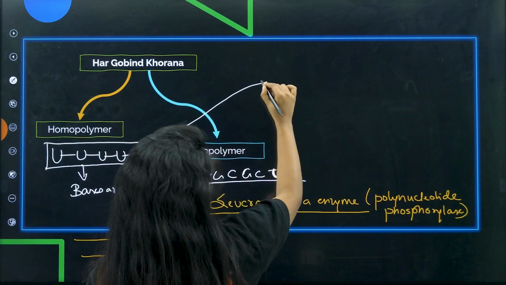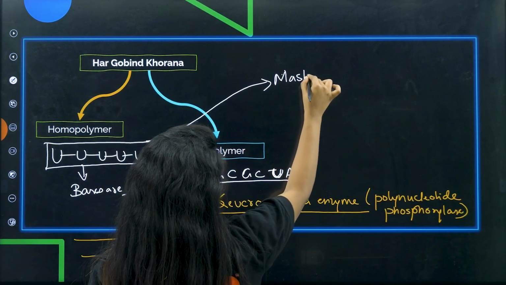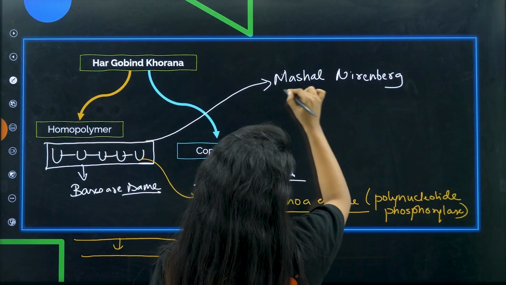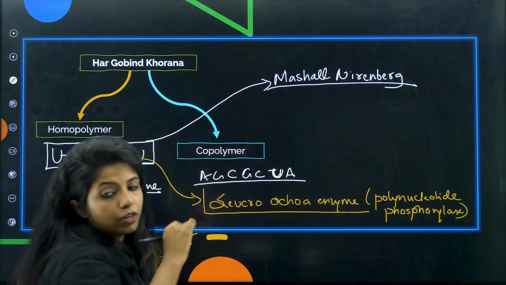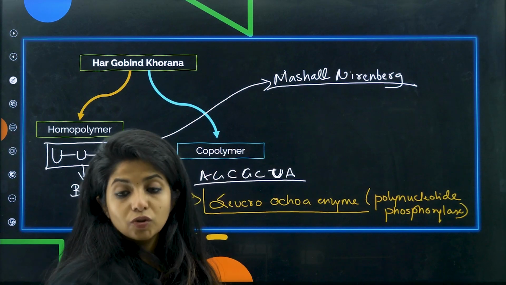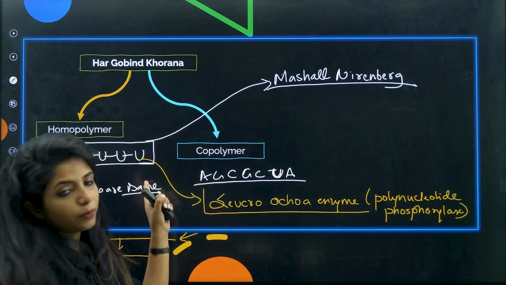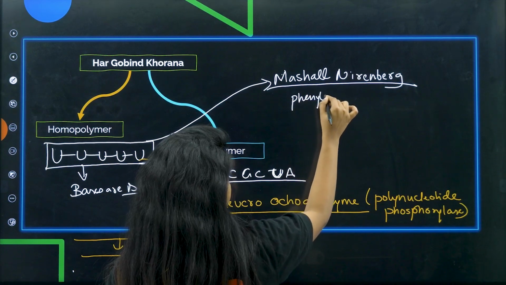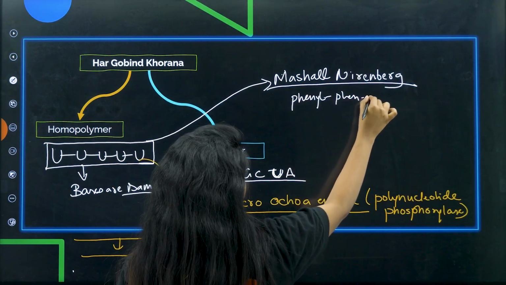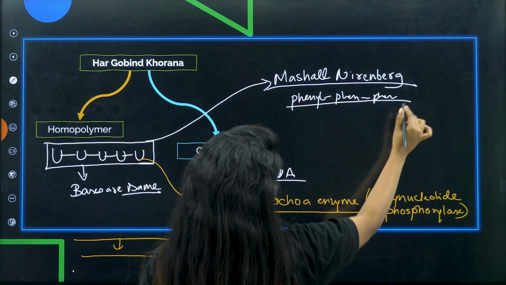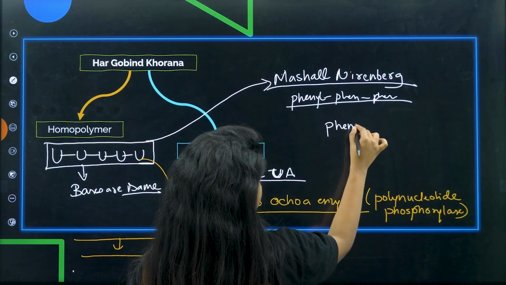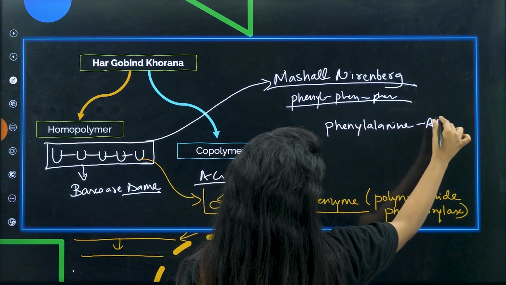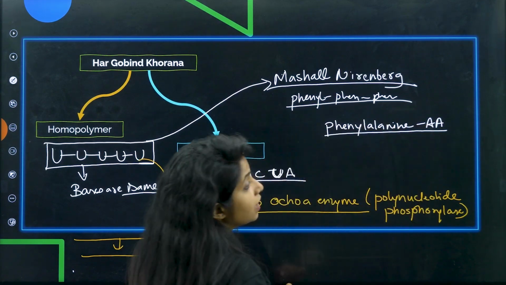So, I am writing Marshall Nirenberg, okay, there is a double L. What he did was, he tried to synthesize proteins out of this particular homopolymer, and he found that it was phenylalanine being formed. And phenylalanine is what, children? Phenylalanine is an amino acid.